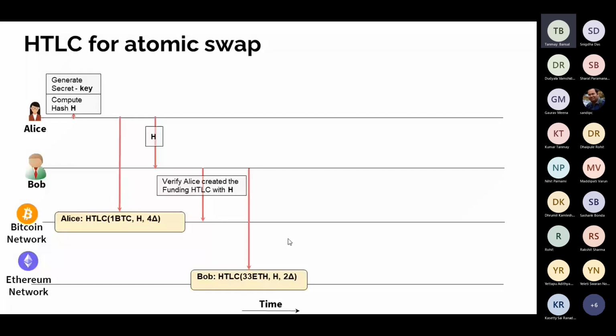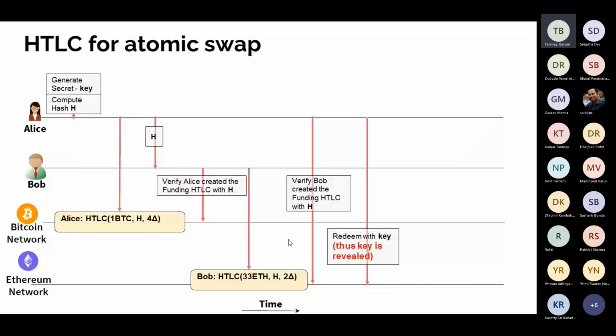When Bob is satisfied, he will create his transaction of 33 ethers, for example, with some timeout period. Alice already knows H, so Alice can verify that Bob indeed created the funding HTLC with H. Once Alice is satisfied that Bob's transaction is buried under a certain number of blocks, Alice would reveal the key.